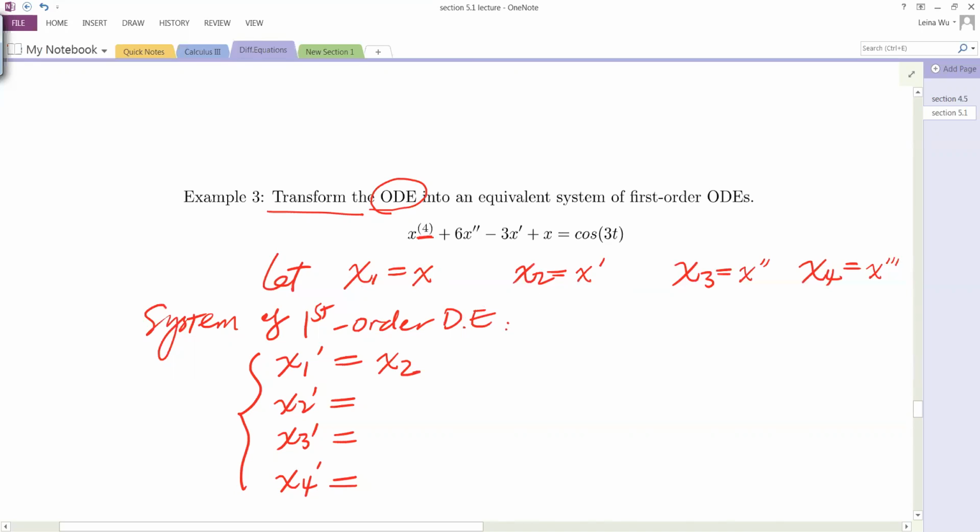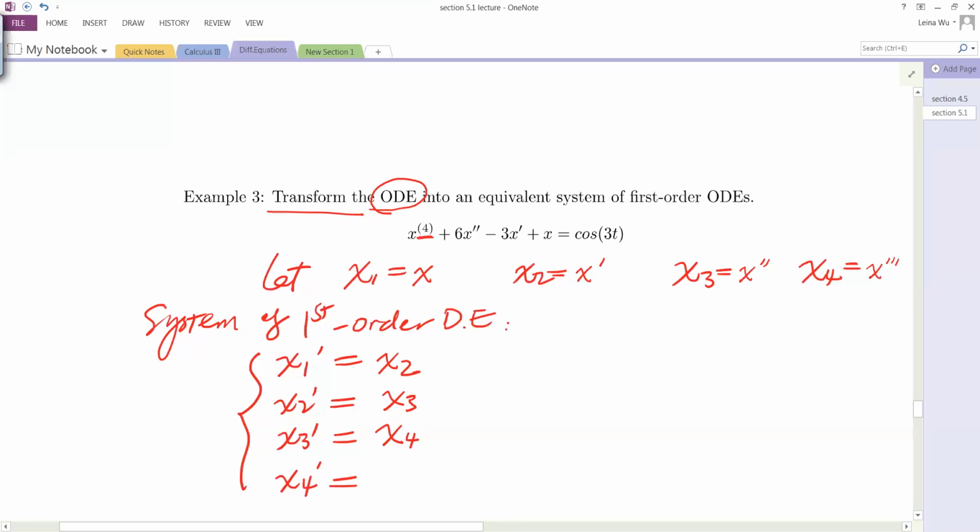You guys see that? x1 prime equals x prime equals x2, right? What's x2 prime? x2 prime will be x double prime, which is x3. x3 prime would be x triple prime, which is x4. These are the first three equations.